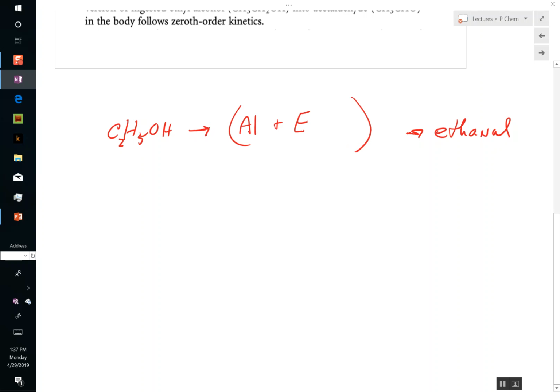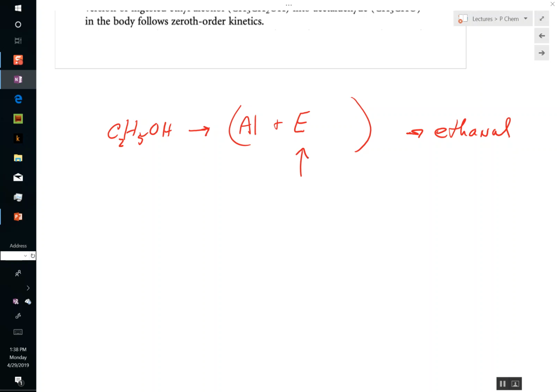Is the enzyme going to be very high in concentration? It's going to be very low in concentration, but it is going to be the rate determining step. The alcohol has to come into the enzyme and be converted. So the enzyme concentration is constant, but it's controlling the reaction.